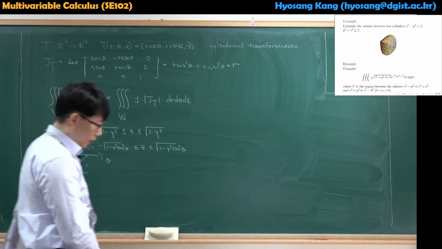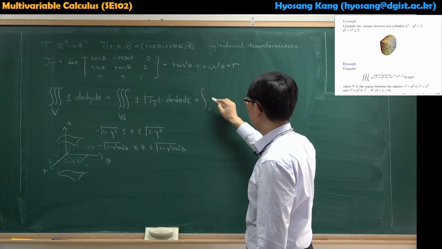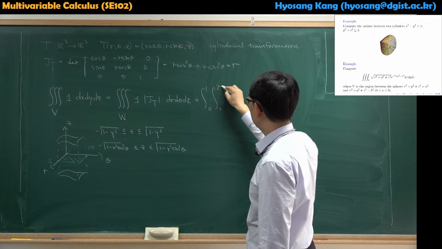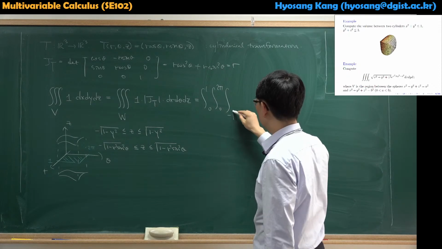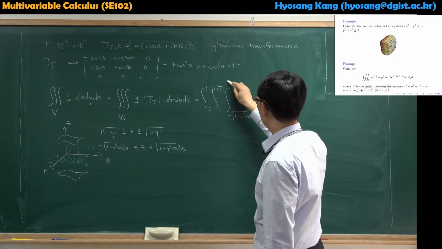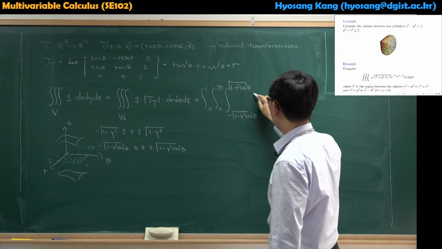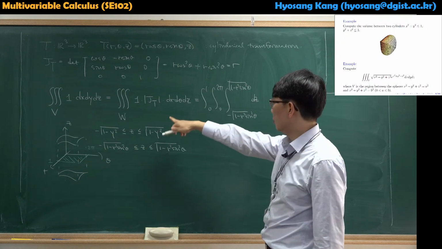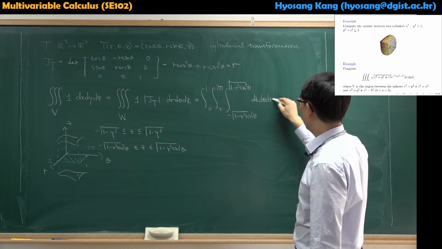So I'm going to write that out. We have 0, 1, 0, 2 pi for r and theta. And for z, we have minus square root of 1 minus r square sine square theta and square root of 1 minus r square sine square theta. And we take the integration on z first, and then theta, and then r.